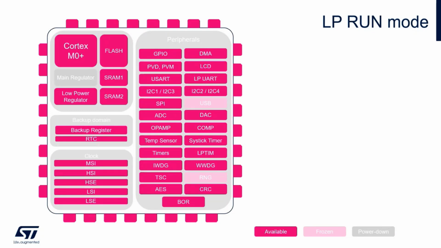The low power run mode is quite the same as run mode, but we don't use the main regulator. We use only the low power regulator to decrease the consumption.